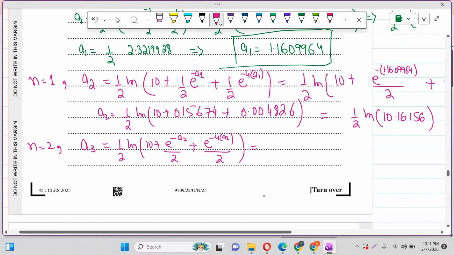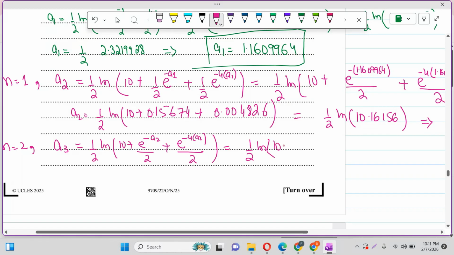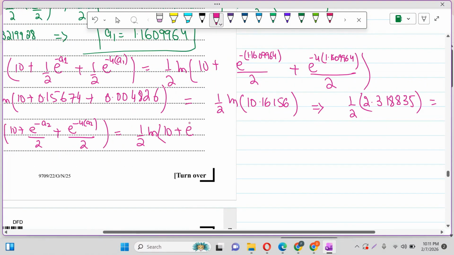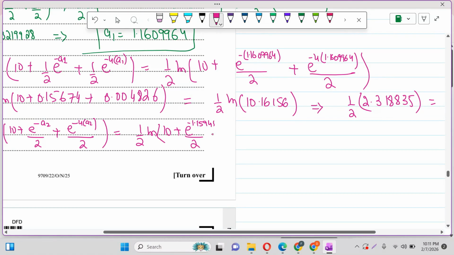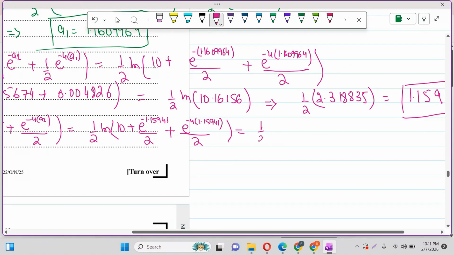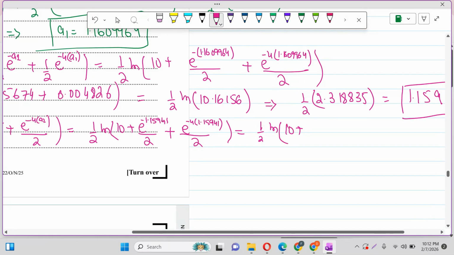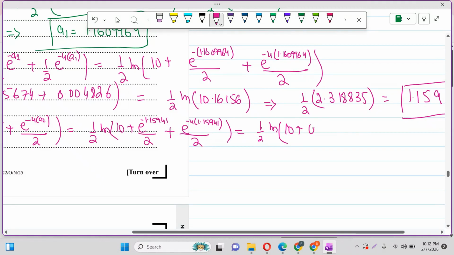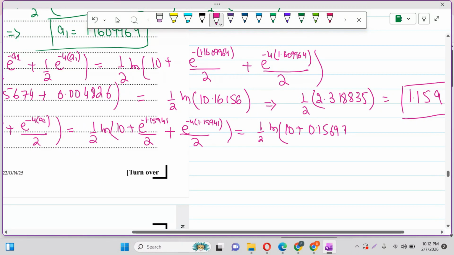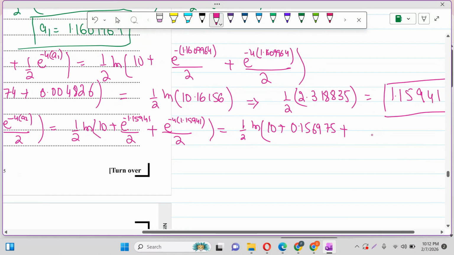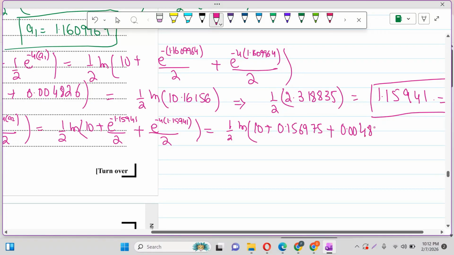This one is equal to half ln 10 plus exponential of negative 1.15941 over 2 plus exponential of negative 4 times 1.15941 over 2. 1 over 2 ln 10 plus exponential of negative 1.1594 over 2 is 0.156975, plus exponential of negative 4 times 1.15941 over 2 is 0.004854.